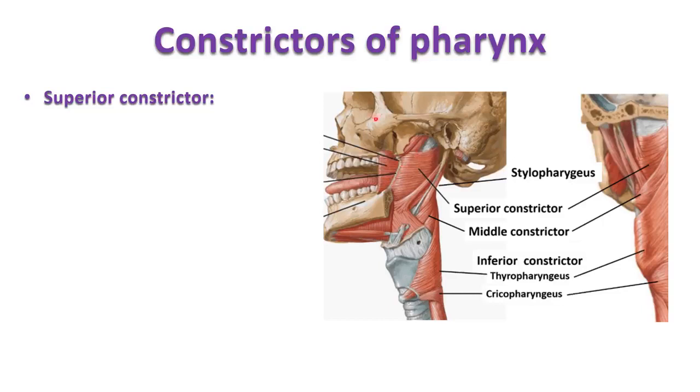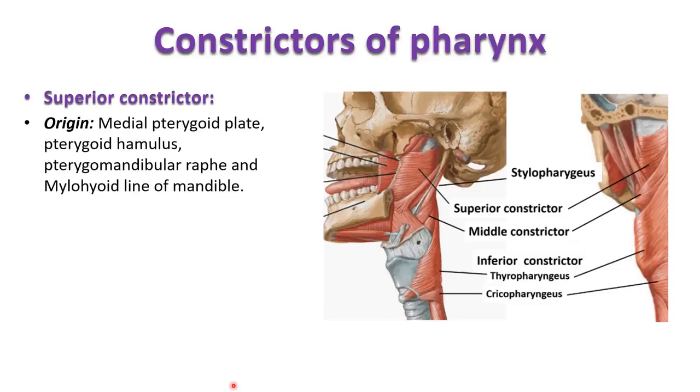From all these you can see the superior constrictor taking its origin: from the medial pterygoid plate, pterygoid hamulus, pterygomandibular raphe, and also from the mylohyoid line of the mandible, which is present on its deep surface.